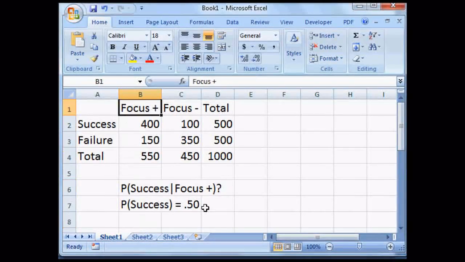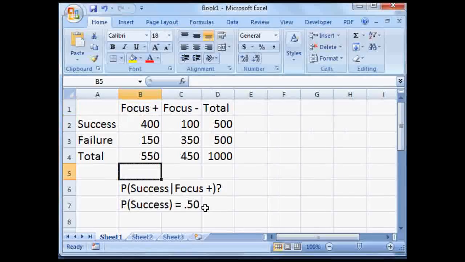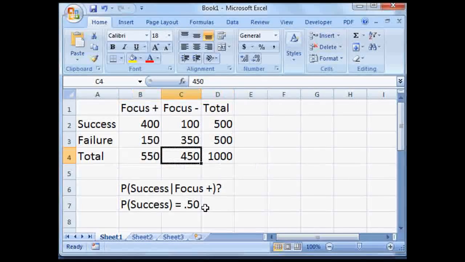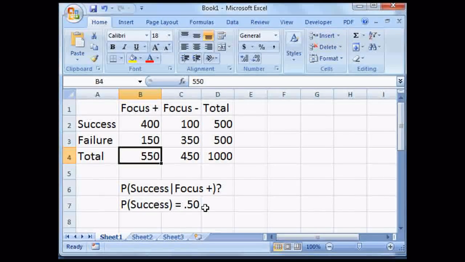So, focusing on the focus group successes. When we've got this given information, we're going to assume the focus group came back positive. We've got a 55% chance of that happening. So I'm going to say, of the 550 of the 1,000 that would come back as focus group successes, how many are actual successes?